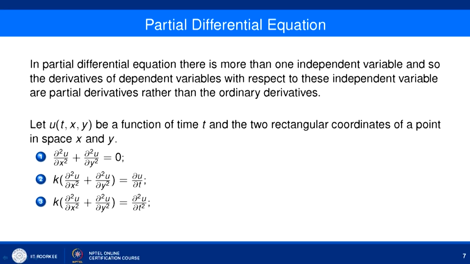That is why we call an equation involving the function, independent variables and the derivatives of the function with respect to these variables a partial differential equation rather than an ordinary differential equation.